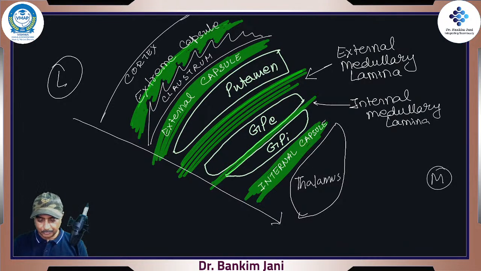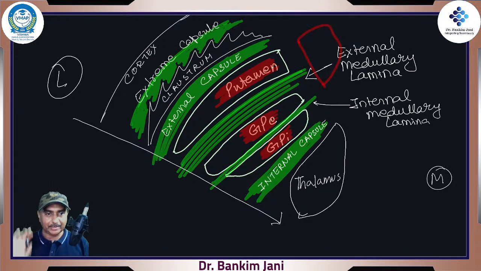Okay, so these are the putamen, globus pallidus external, and globus pallidus internal. That's how they are linked one after another. Where is caudate? Caudate would be over here, because it is going all the way anteriorly.